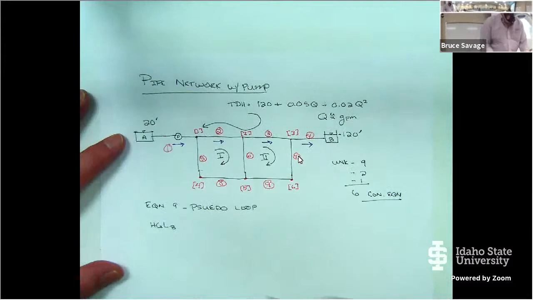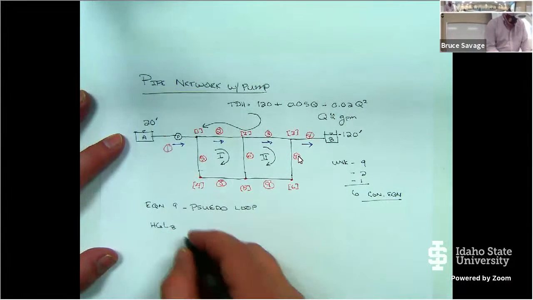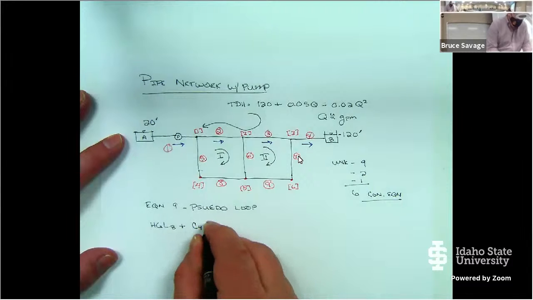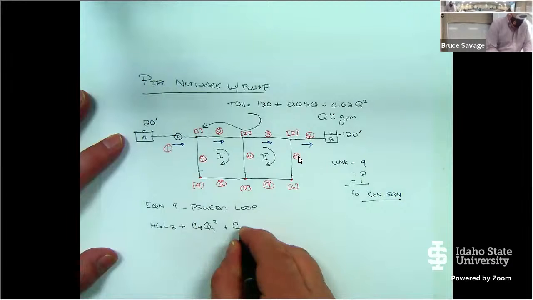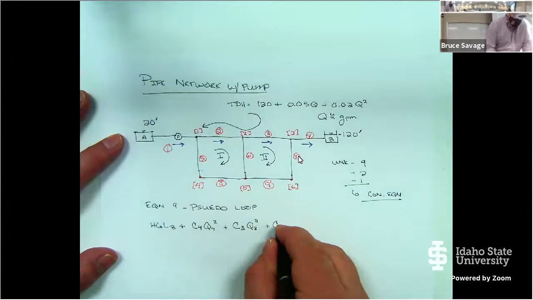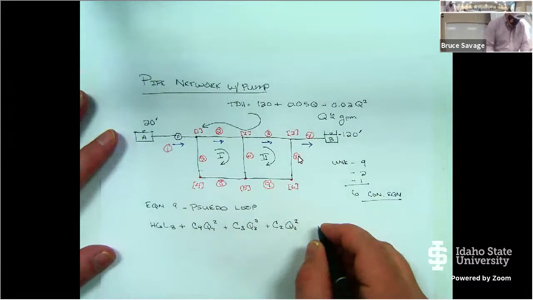So now I can write this as the hydraulic grade line at B, assuming that I'm going against the flow. So now plus C sub 4 times Q sub 4 squared plus C sub 3 times Q sub 3 squared plus C sub 2 times Q sub 2 squared.